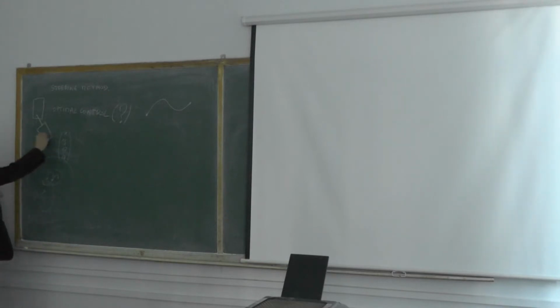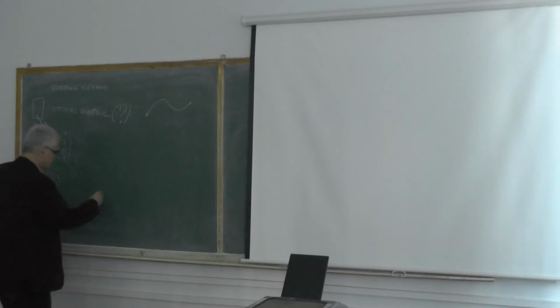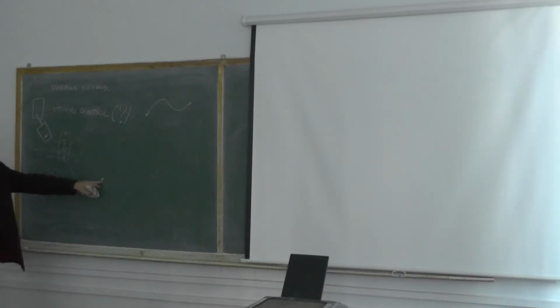But now I give you just the point here, which is the middle of the wheels of the trailer. Take a look. I give you the position of the trailer.